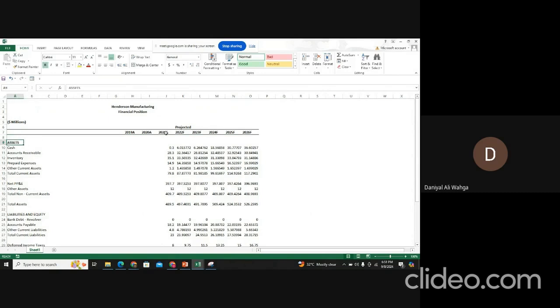See assets, current assets, accounts receivable, total current assets. Control B, Alt H B, and now I need to add a top border. Similar way it goes to my other subtotals as well.